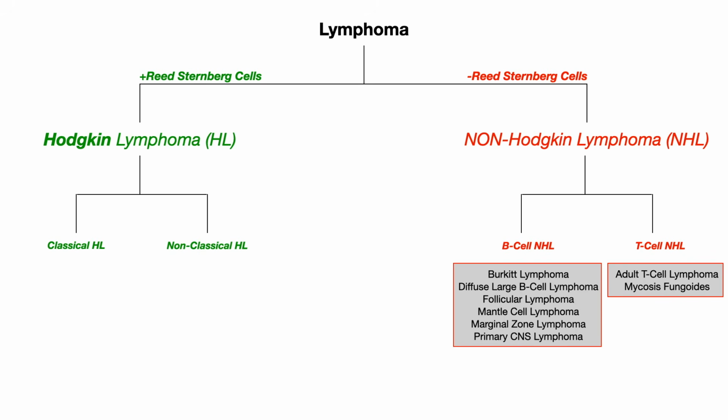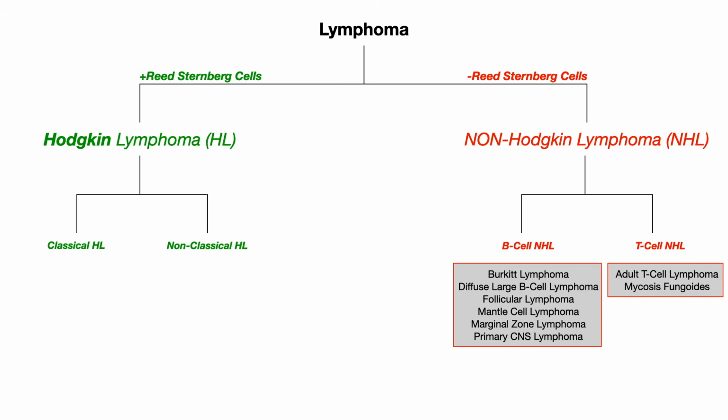The B-cell non-Hodgkin lymphomas include Burkitt lymphoma, diffuse large B-cell lymphoma, follicular lymphoma, mantle cell lymphoma, marginal zone lymphoma, and primary CNS lymphoma. The T-cell non-Hodgkin lymphoma includes adult T-cell lymphoma and Mycosis Fungoides.